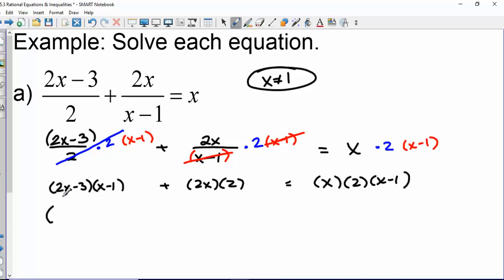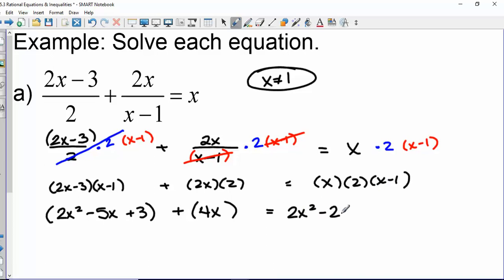If I FOIL this first one, I get 2x squared minus 2x and minus 3x minus 5x plus 3. 2x times 2 is 4x. Over here, 2 times x is 2x. Can I go ahead and distribute that at the same time? Yeah. So that would give me a 2x squared minus 2x.